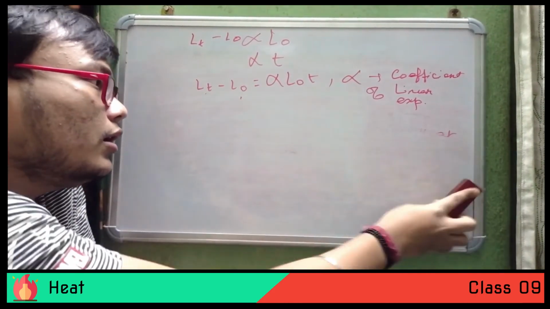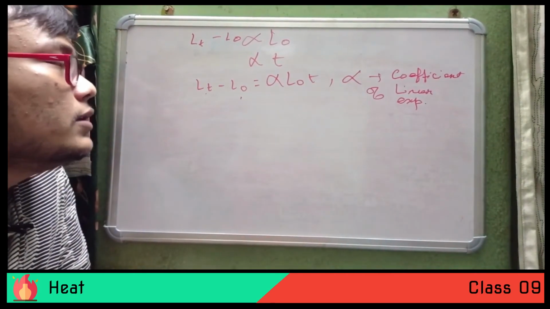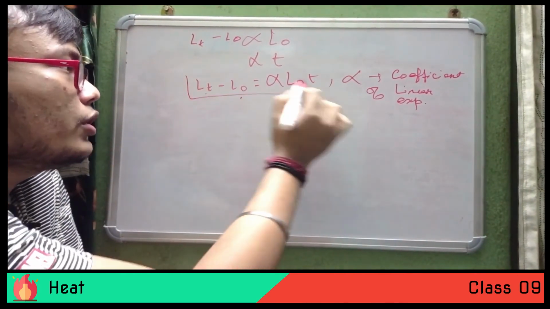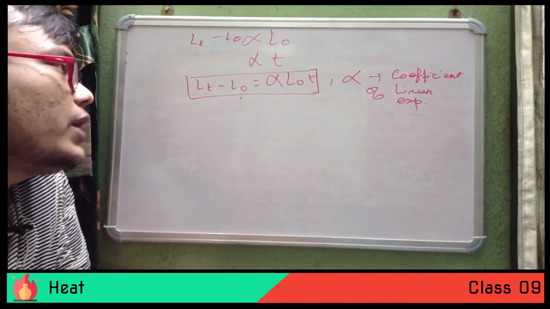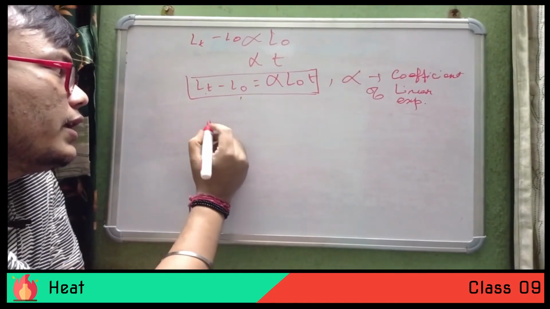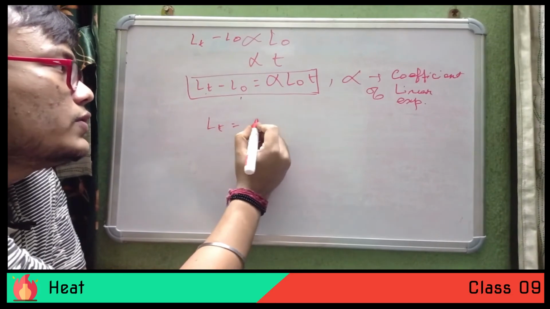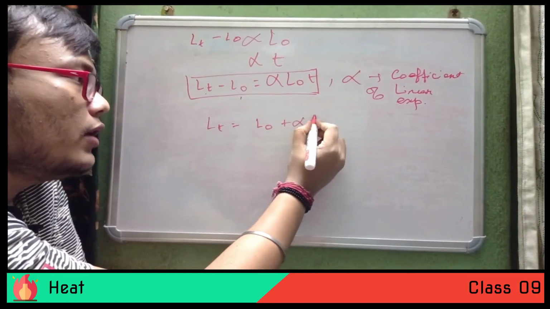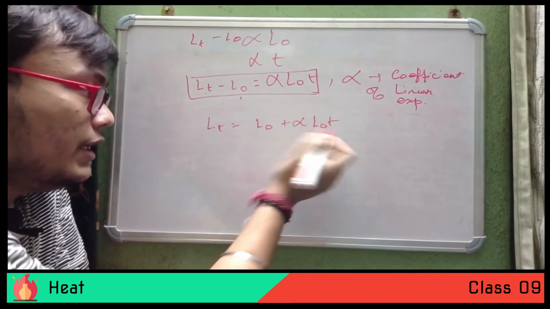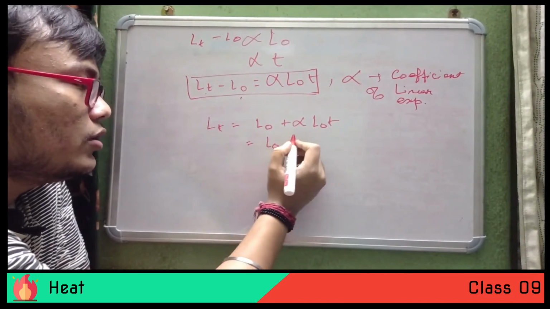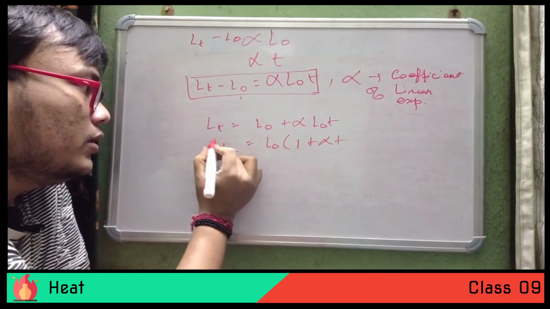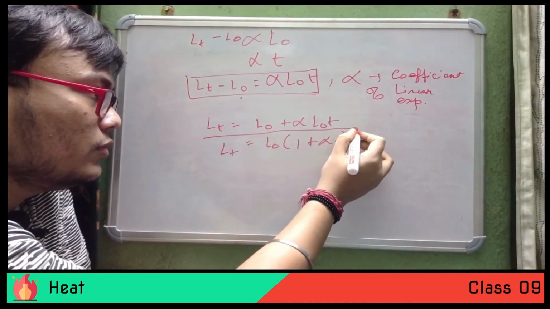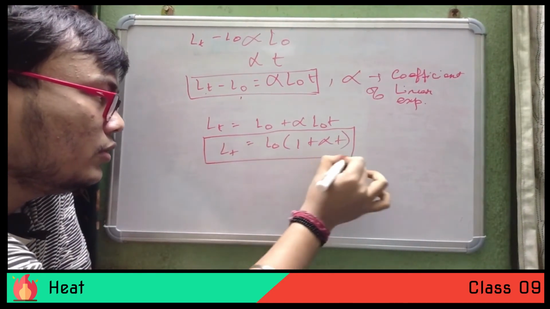This formula is very important for solving numericals which come from this chapter. So we can also say that LT equals L0 plus alpha L0 T. If we take L0 common, LT equals L0 (1 plus alpha T).